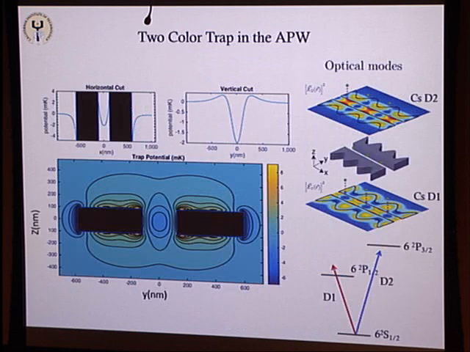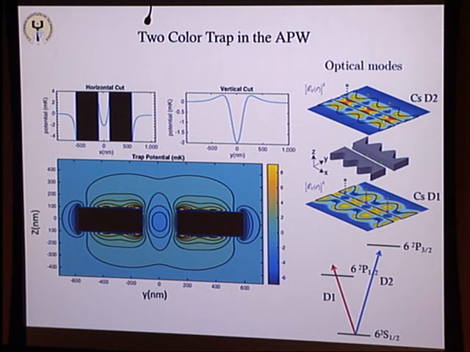And so we're going to utilize that to actually create this 2-color trap. For example, at the cesium D1 line, we'll place our laser blue of this transition, so the atoms will be pushed away from these regions of high intensity into this region, where they will be attracted by this red detuned laser that's on the D2 line.